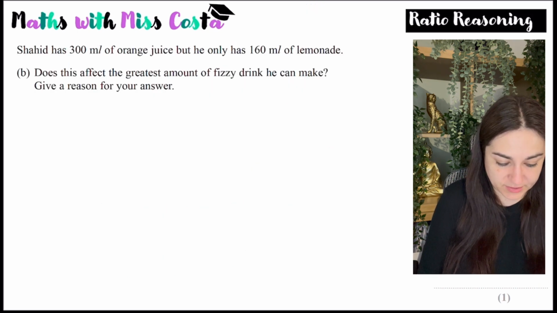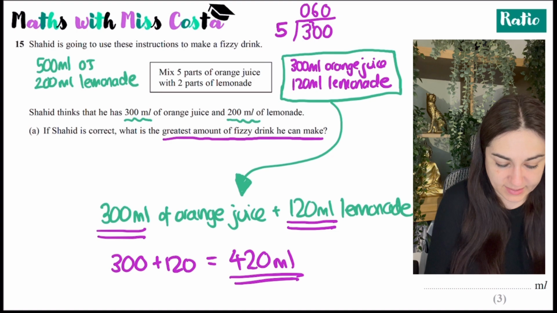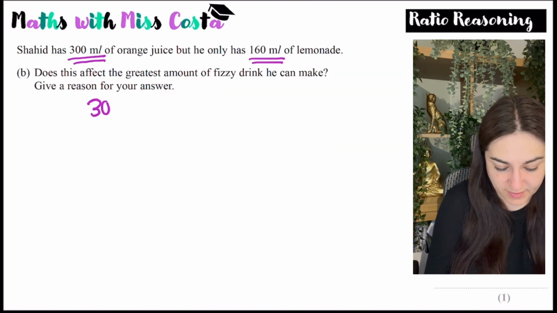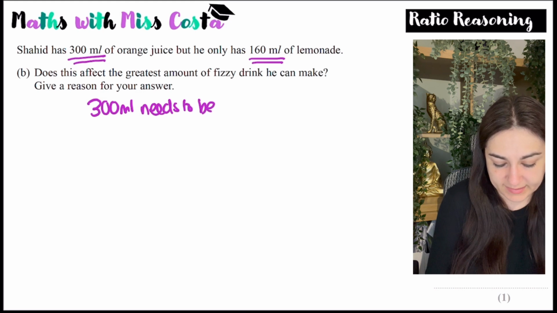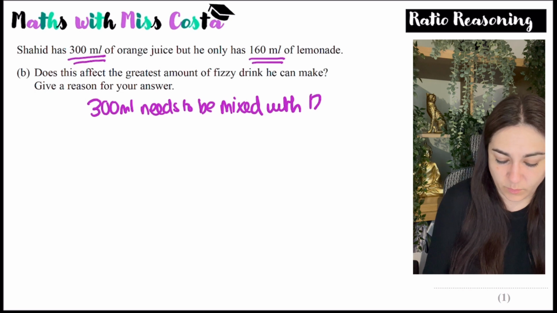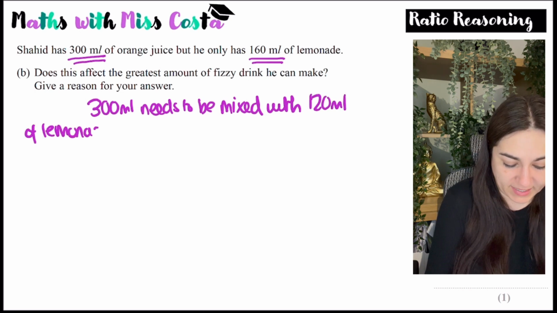I'm then told that Shahid has 300 millilitres of orange juice, but he has only 160 millilitres of lemonade. Does this affect the greatest amount? Well, for my thing, 300 millilitres needs to be mixed with 120 millilitres of lemonade.